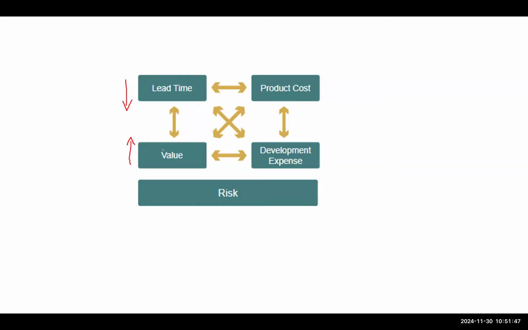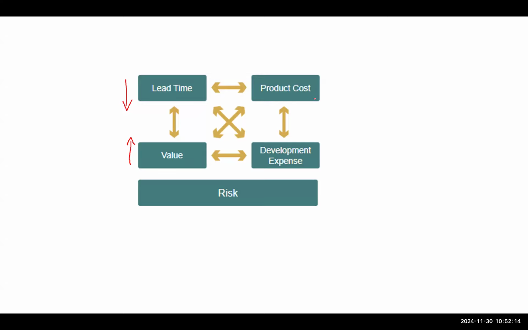Then what about the product cost? Or what about the development expense? If you observe, these two are different parameters. Product cost includes the cost of the tools, the technology, or anything required. The development expense is the associate cost, the individuals who are working to implement and develop.